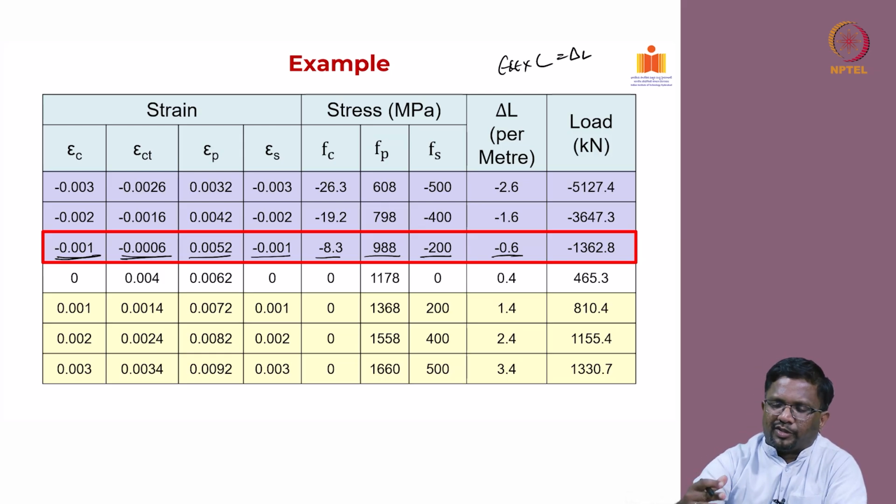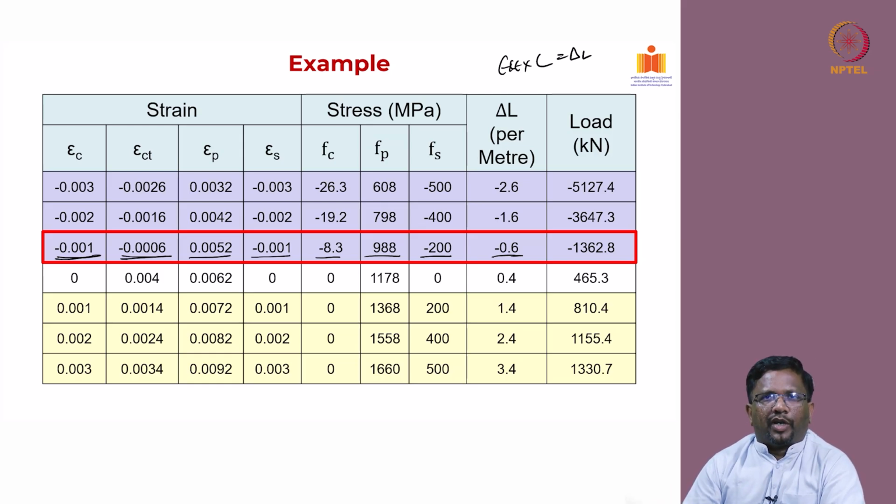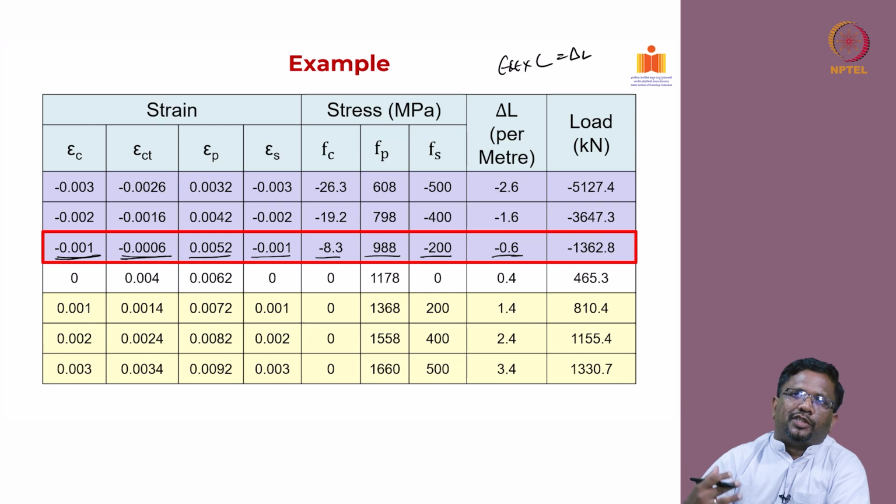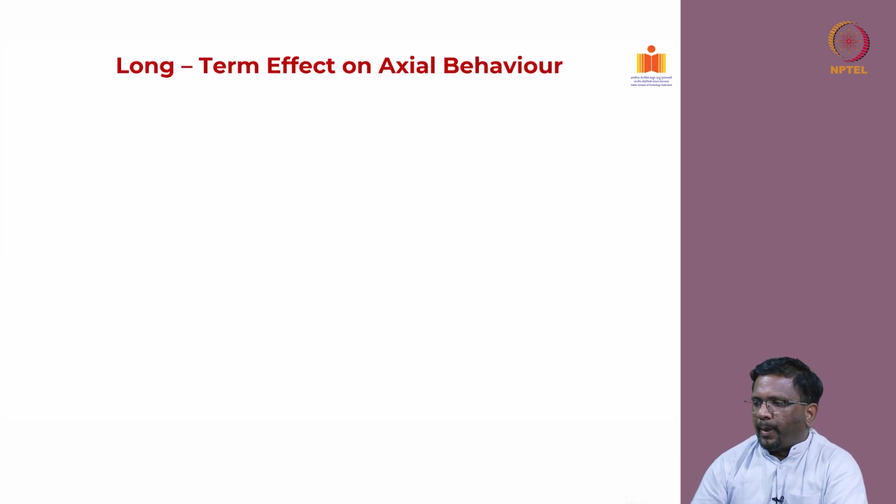You can repeat the same process for different values of epsilon C, get your net epsilon Ct and plug it into your constitutive equations. The only thing is, because of long term effects, the elastic modulus of pre-stressing steel reduces, the elastic modulus of concrete reduces, and the strain at which it reaches the peak stress also increases. So, you consider all these effects, and you can generate your entire load deformation behavior again, right.